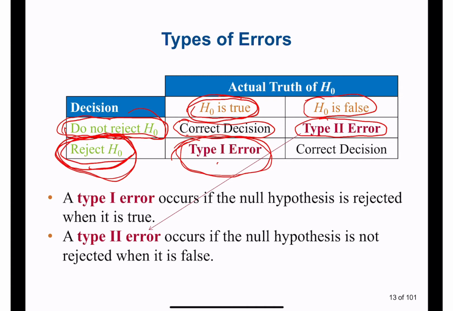But if the claim is wrong, meaning the truth is it's more than 20% contamination, but the inspector failed to reject, meaning did not reject, that means people are going to eat chicken with contamination. So as you can see, type 2 error is generating more dangerous consequences. People will get sick, right and left. Do we understand?